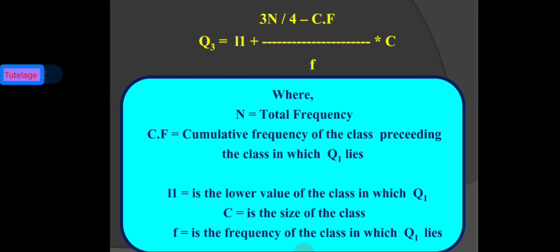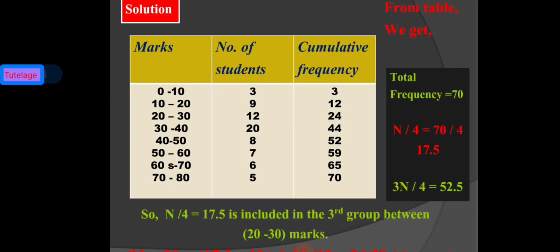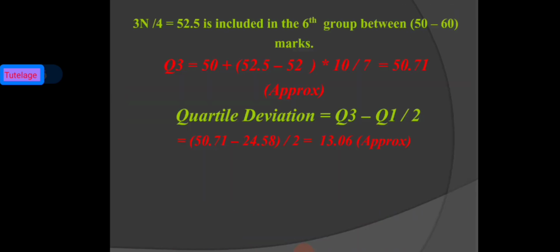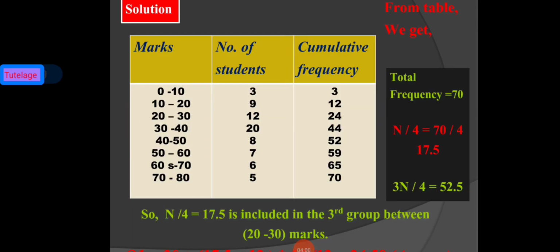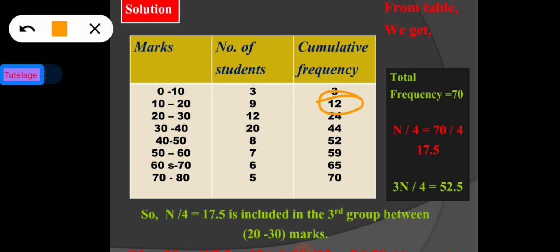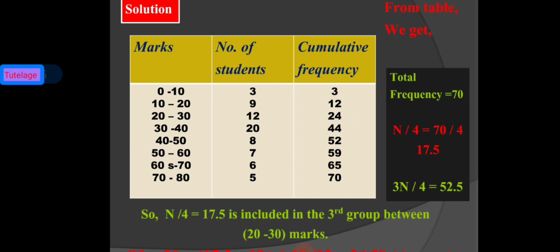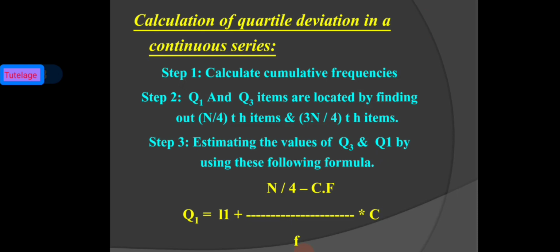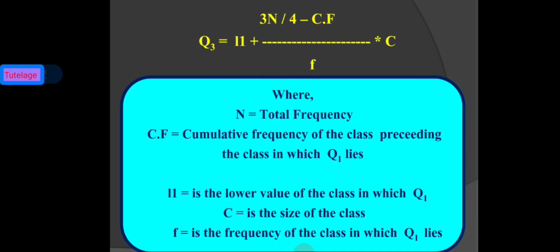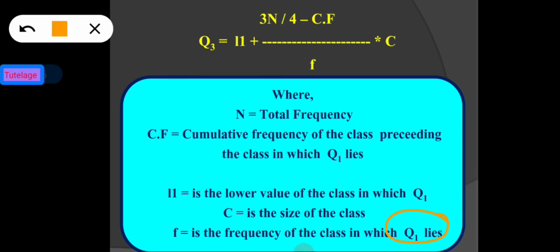That means CF is equal to 12. So 17.5 minus 12. Okay. So now going to the formula, divided by F. F is the frequency of the class in which Q1 lies.